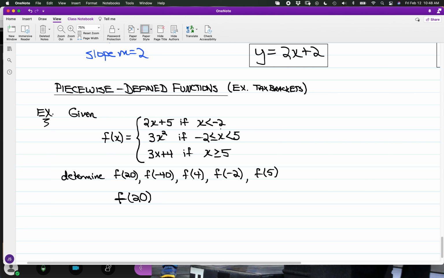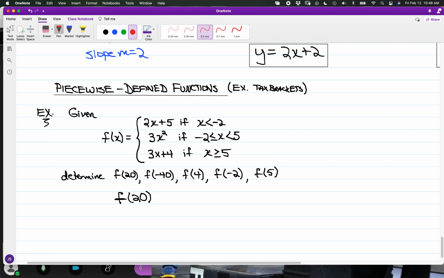Well, if x is 20, 20 cannot be less than negative 2. And also 20 is not going to fall between negative 2 and 5. Now, to say that 20 is greater than or equal to 5, that is going to be true. So it's going to belong to the last statement here.